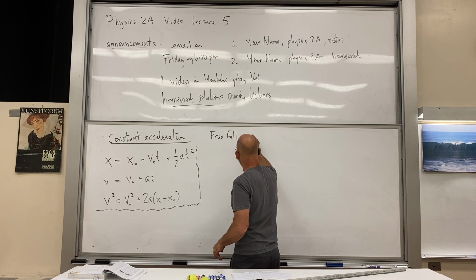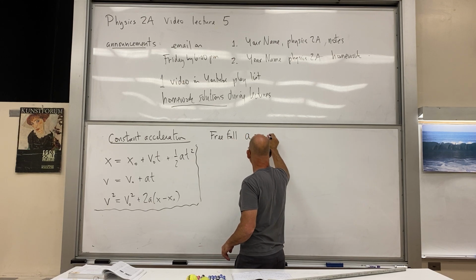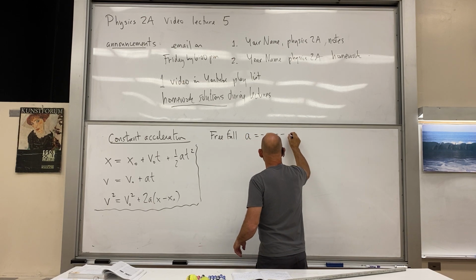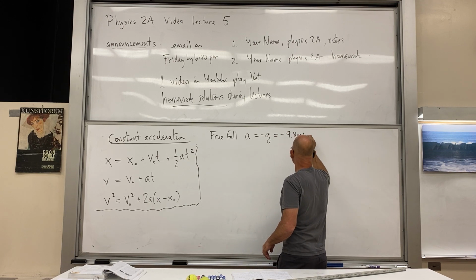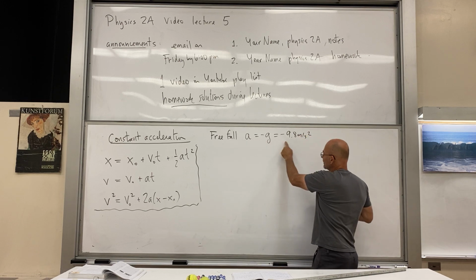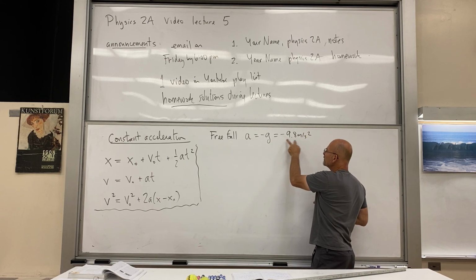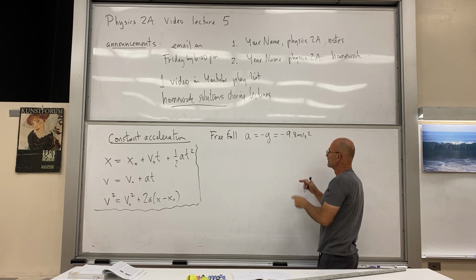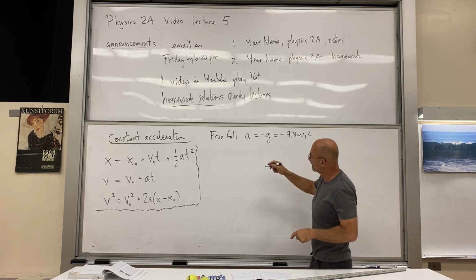So for free fall, the acceleration is minus g, where g is 9.8 meters per second squared. So this g itself, notice minus and minus, the g itself is a positive number, always, okay? Because I have minus here and minus there. G is a positive number.